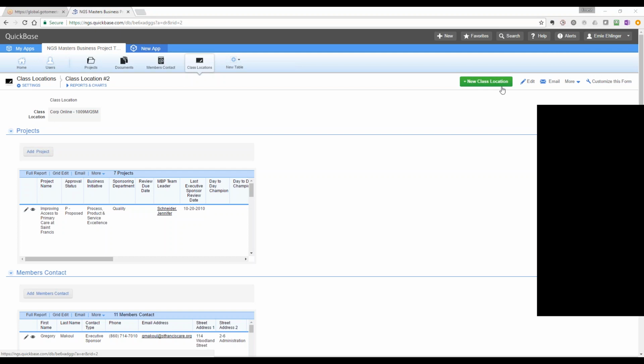Where it says edit up here, you'll put in the information, like the project name. So you'll have a name of your project, and then what status this is, whether it's the proposed status, or if it's been accepted as a viable project.